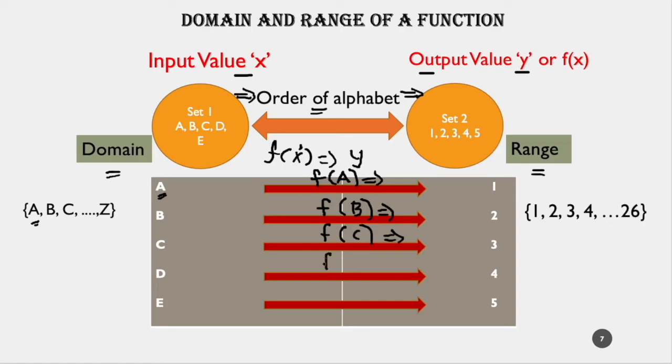And f of D would be 4 because D is the fourth letter of the alphabet. If you go like that, f of Z would correspond to 26 because Z is the 26th letter of the alphabet. So our range would be 1, 2, 3 up to 26.